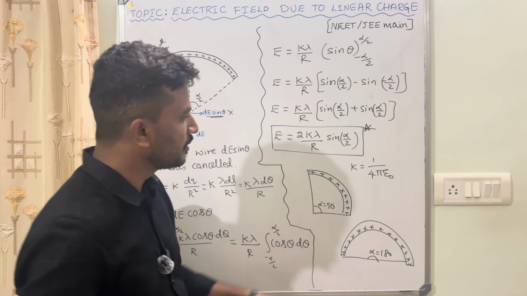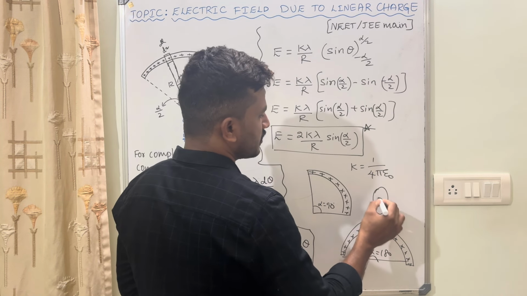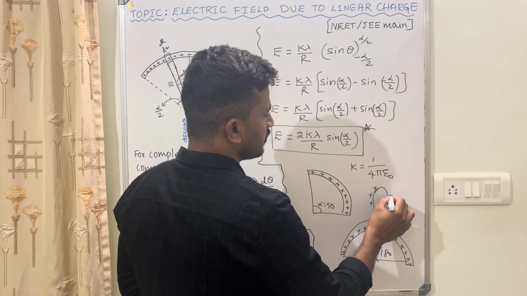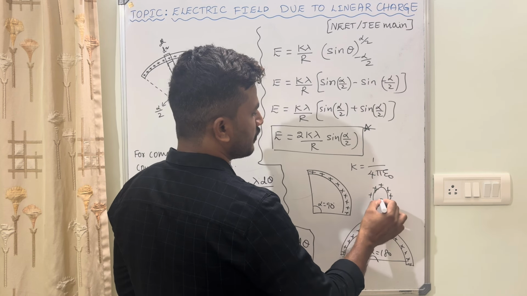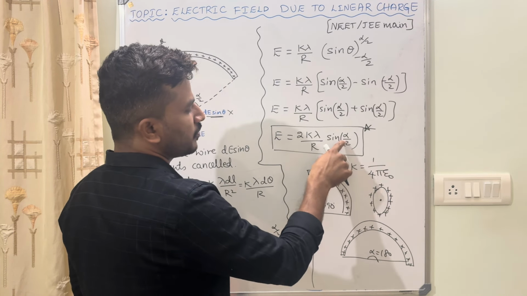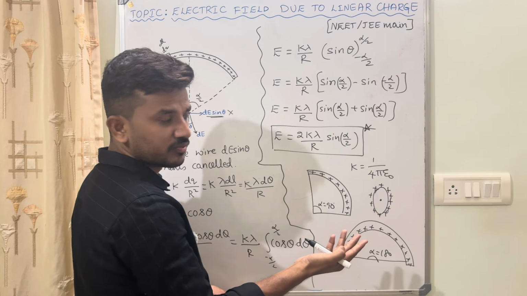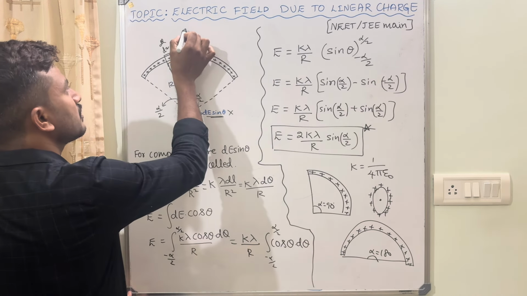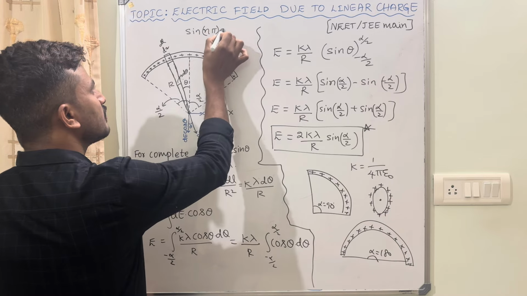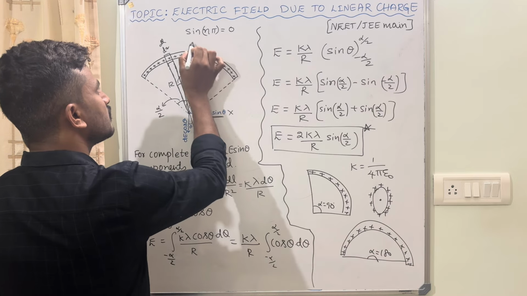Sir, what if you have a complete loop like this, a circular loop, on which charge is distributed uniformly? What is the electric field at its center? So 360 degree divided by 2, 180 degree. Sin 180 is 0. Correct? So do remember, sin n pi is given by 0.